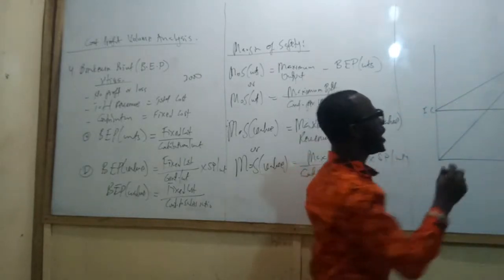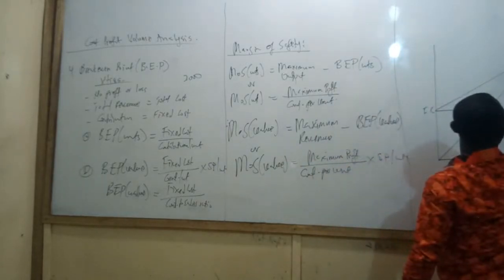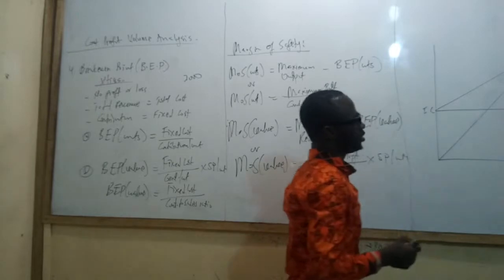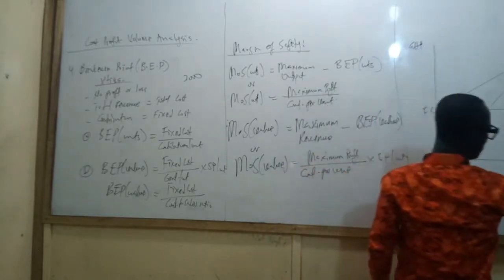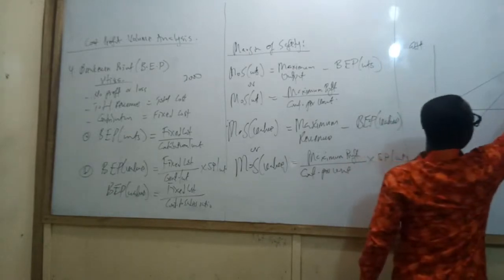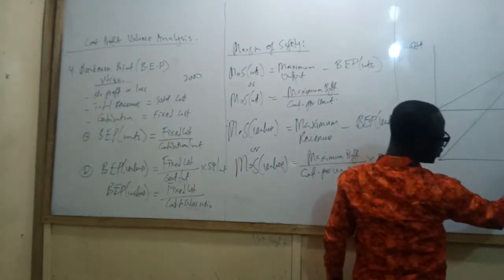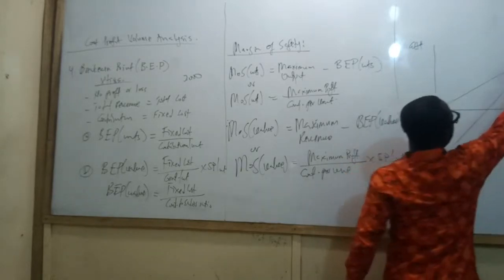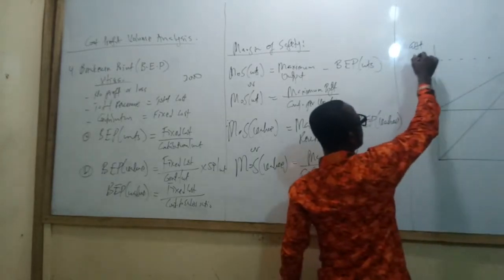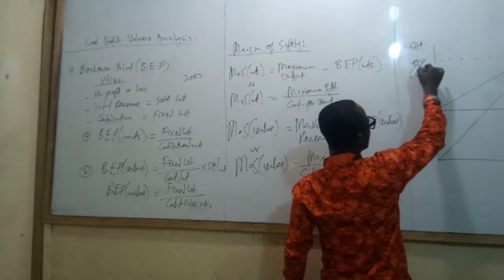So at the end of the day, this is going to be your BEP, break-even point. We're going to be putting value here, and units here. When we trace this down, this is the break-even point in units. Then when we trace this down, we get break-even point in value.